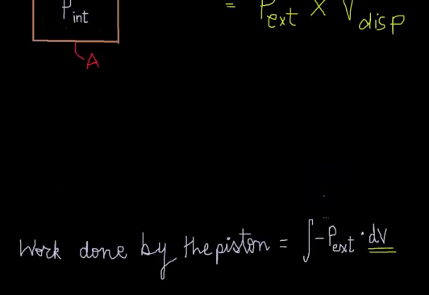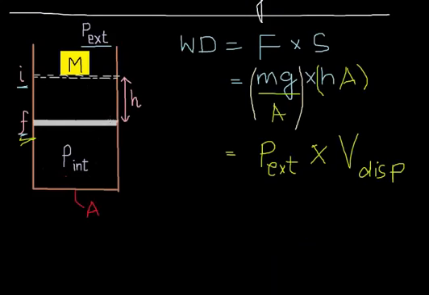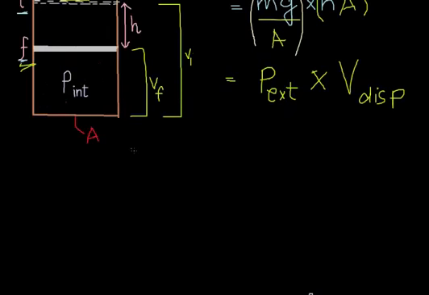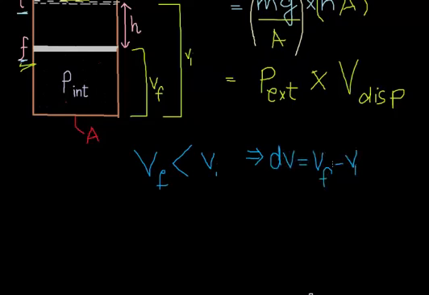Now, to justify this negative sign, we would go back to the piston cylinder assembly. Here we are considering the compression case, so the final volume will be this much, Vf, and the initial volume was this whole thing, Vi. It is quite clear from the diagram that V final is less than V initial. So this means that dV, which is the change in volume and is given by V final minus V initial, would be a negative quantity.